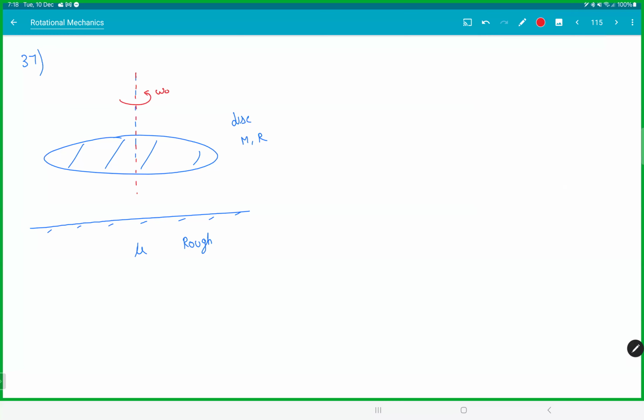You're able to visualize? It's like a dosa. You rotate this and keep it on the floor. So it rotates, rotates, rotates, and finally slows down and stops. So find the time when the disk stops rotating. A rotating disk is placed on a rough floor as shown.